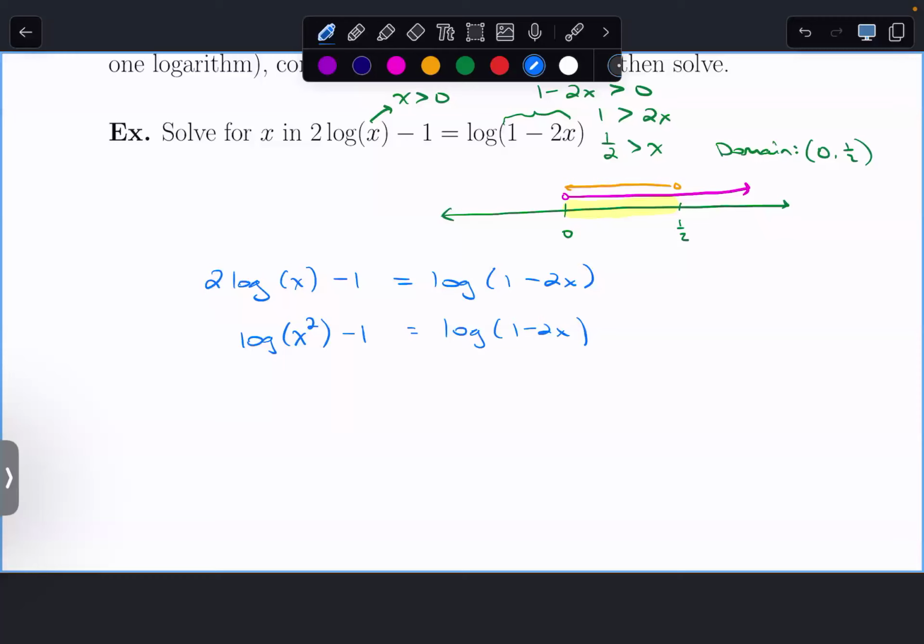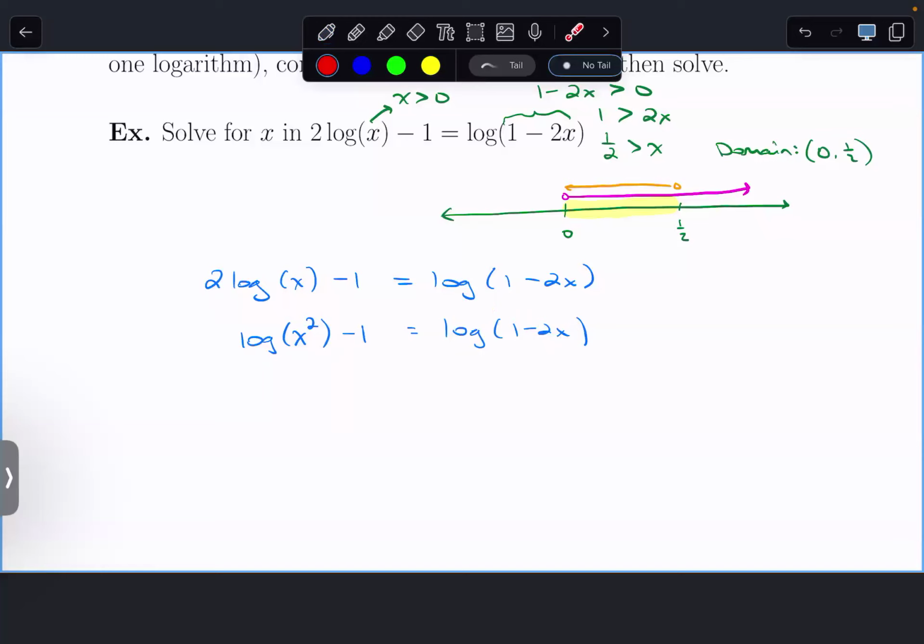We need to deal with the 1 first, but in kind of a smooth move, I'm going to move this over to the left-hand side and collect my log base 10s. And I'm going to add 1 to both sides and move the 1 over here. Right.